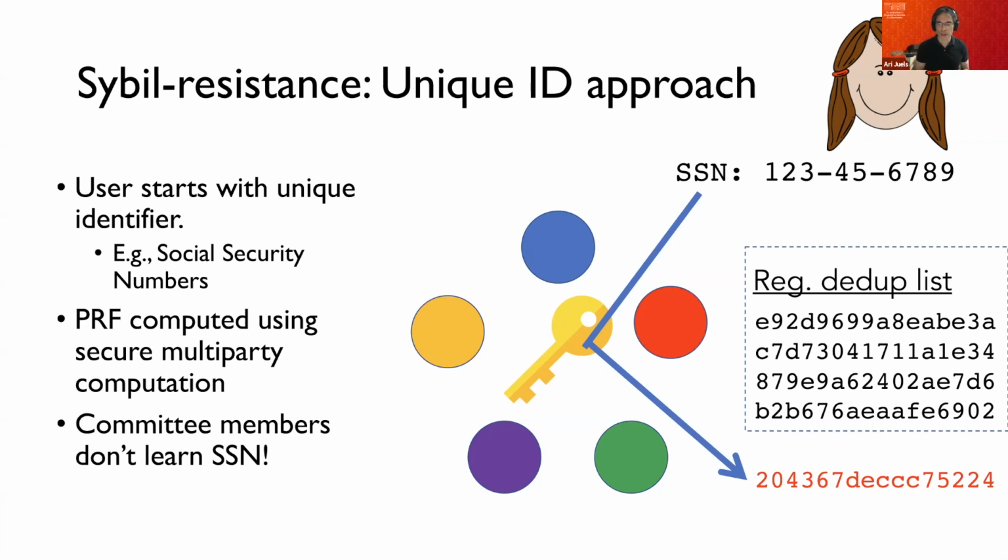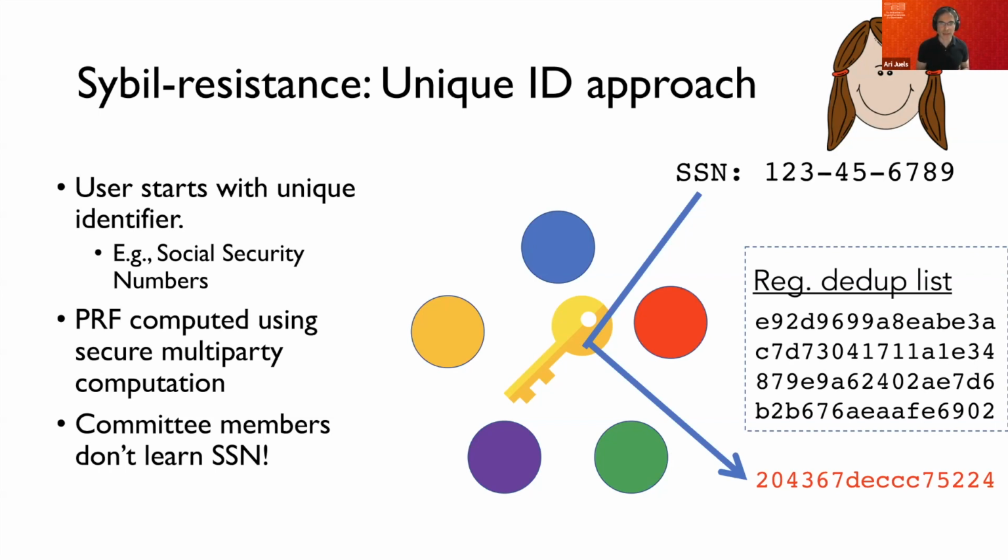Whenever a user registers with the system, the resulting PRF value is placed on a list that's known to the committee. And now, if the same user tries to register twice, she will end up presenting the same unique identifier twice. You only have one social security number, at least most people do in the US. Present the same number twice.